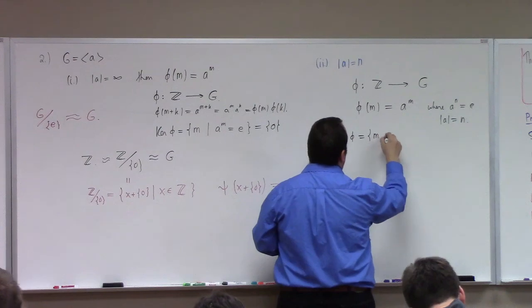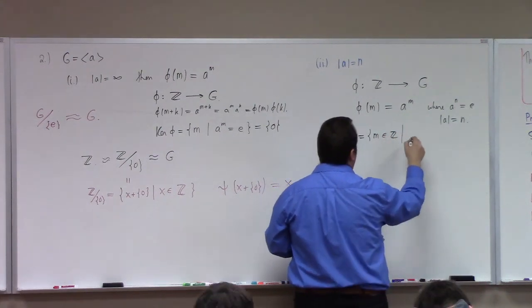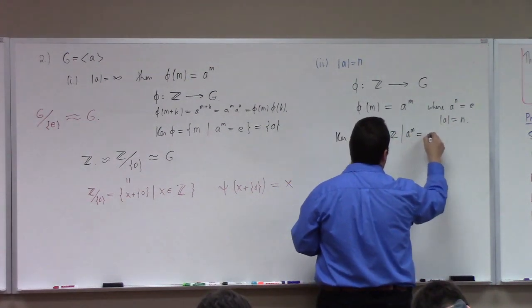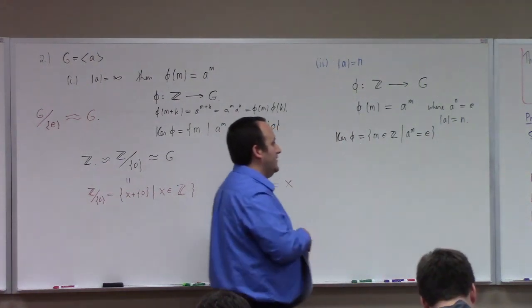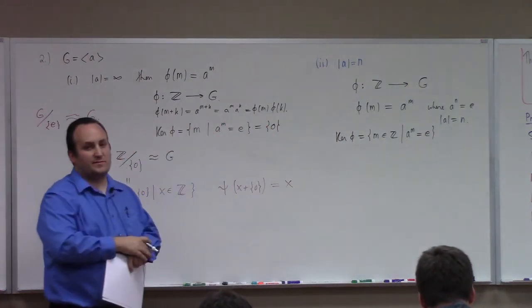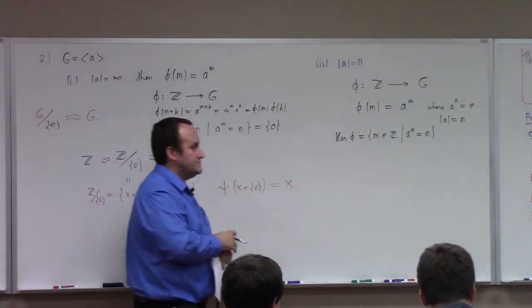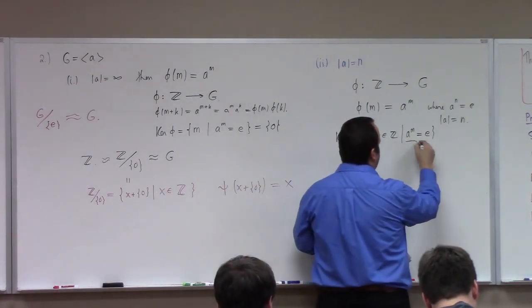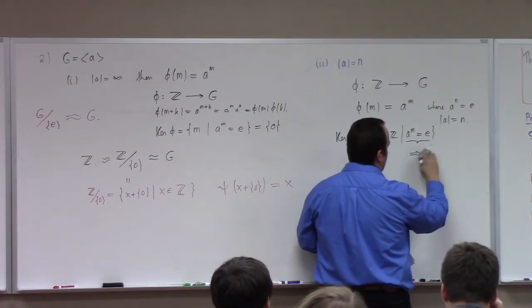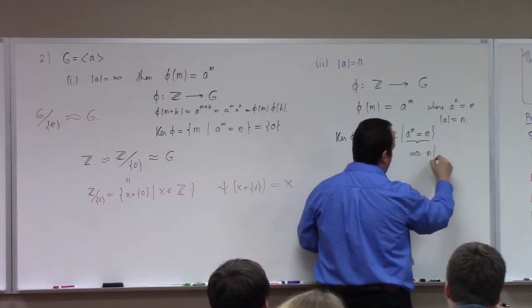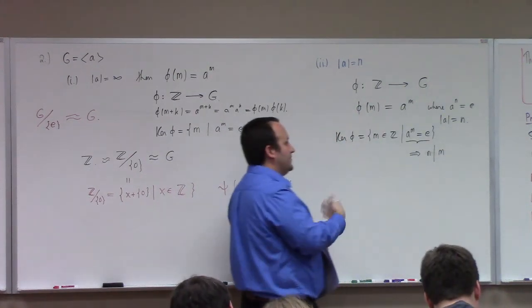So that would be m in Z such that a to the m is equal to e, right? That means that m is a multiple of n, right? By our work on cyclic groups before, that just implies that n has to divide m, right? m is a multiple of n.